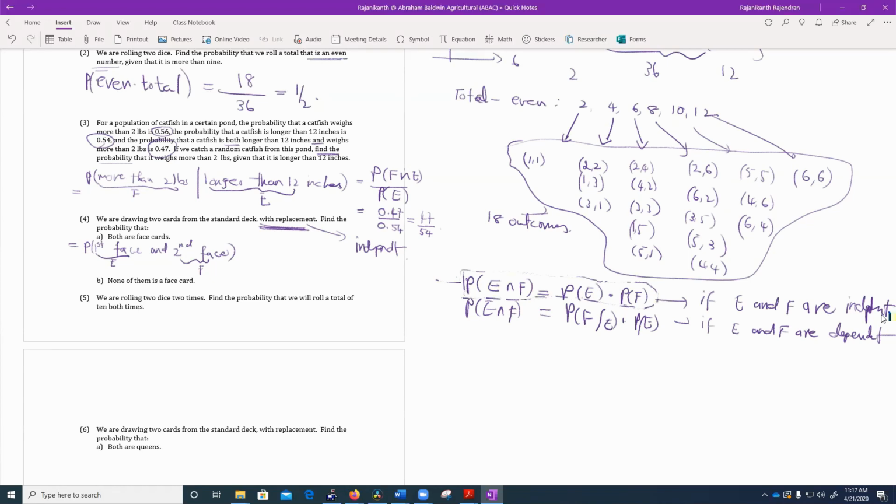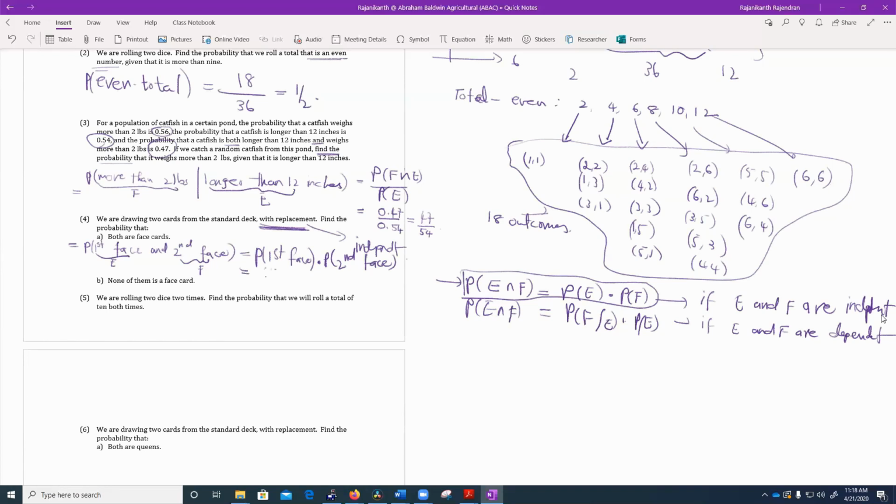So my event is now first is face and second is face. Using this formula, that is the probability of the first face card times the probability of the second card also face. Remember, you are choosing a single card. As I said earlier, you have to treat these as two different problems. You are choosing a card, and that card should be a face card.